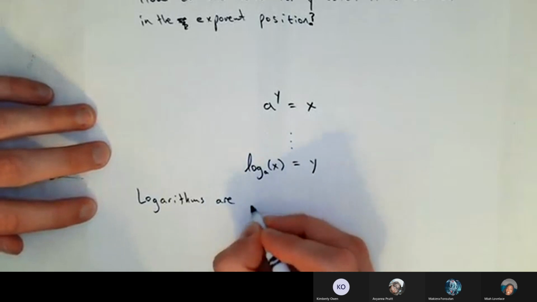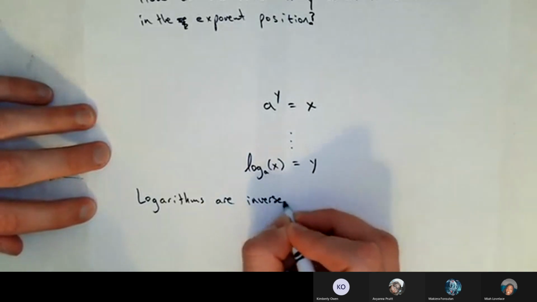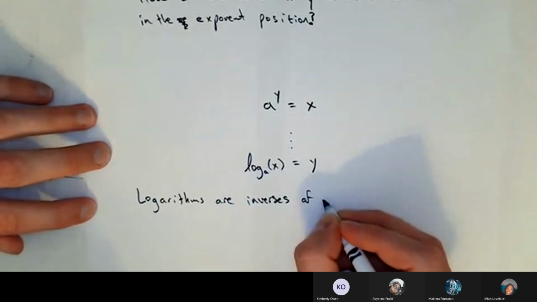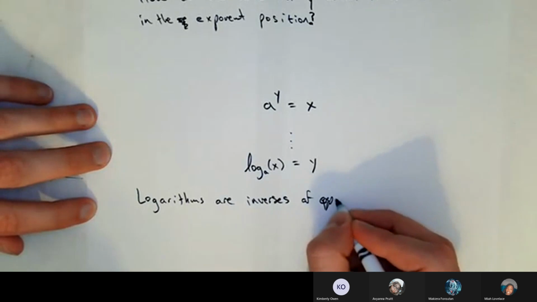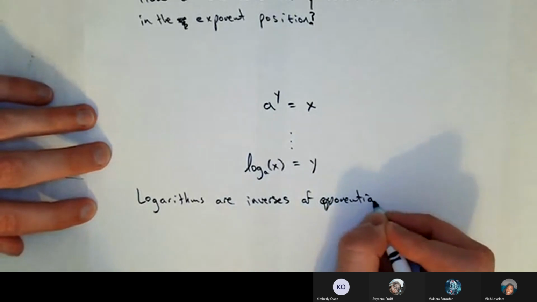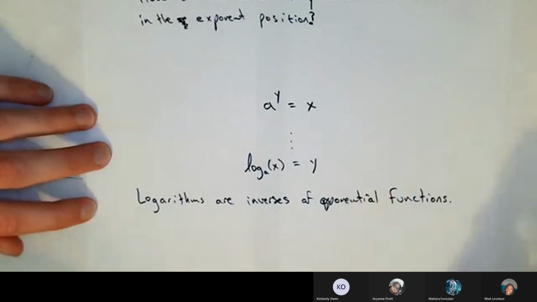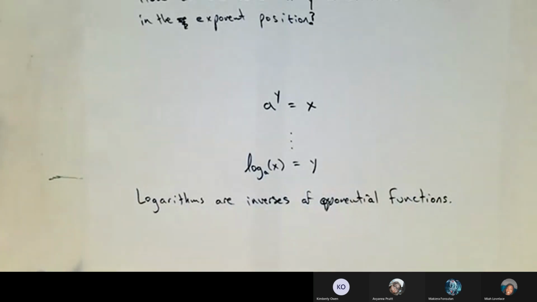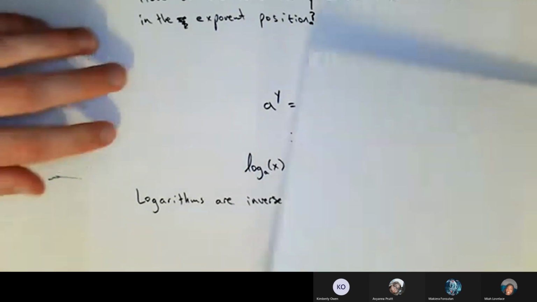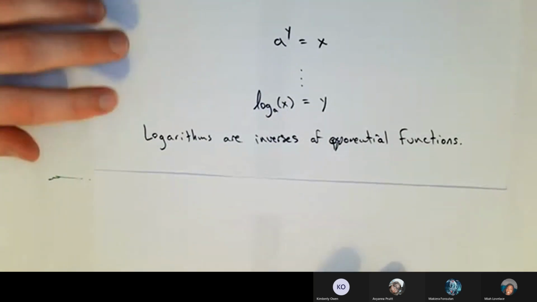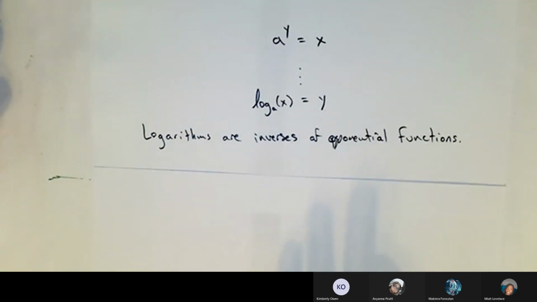So let me write that fact down. Logarithms are inverses of exponential functions. Recall that what an inverse function does is it swaps the input and output.